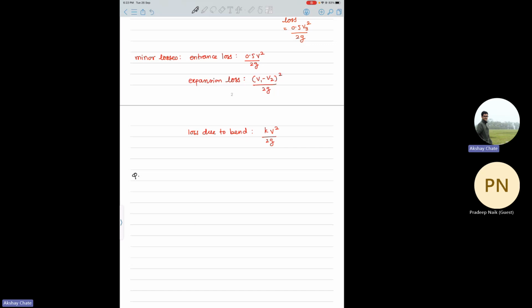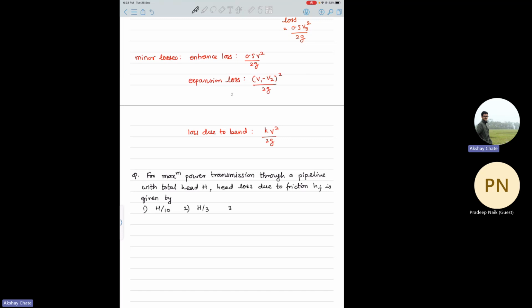For maximum power transmission through a pipeline with total head capital H, head loss due to friction HF is given by, and you have four options: capital H by 10, second option is capital H by 3, third option is capital H by 2, fourth option is 2H by 3.